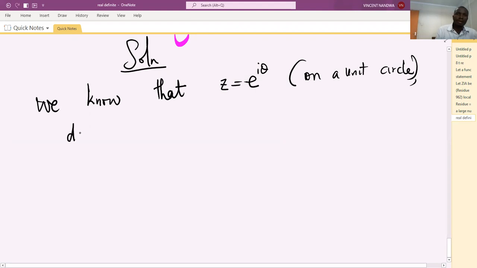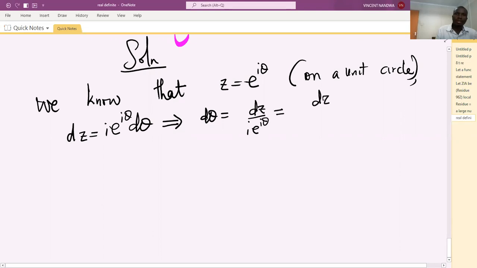Then dz is the same as i e raised to the power i theta d theta, which means d theta is dz over i e raised to the power i theta, which is the same as dz over i times z, because the value of e raised to the power i theta is z.